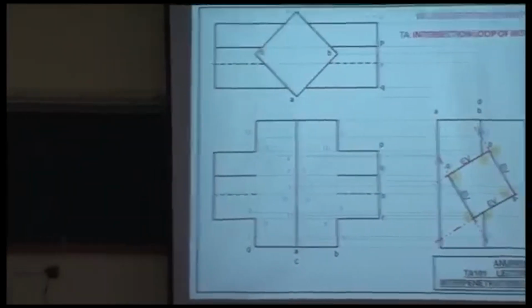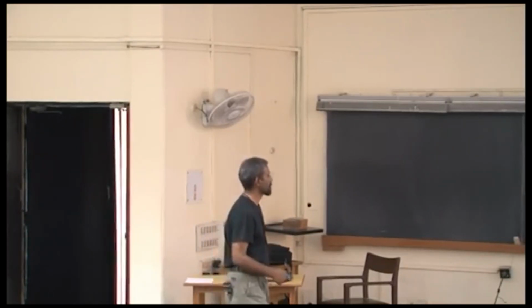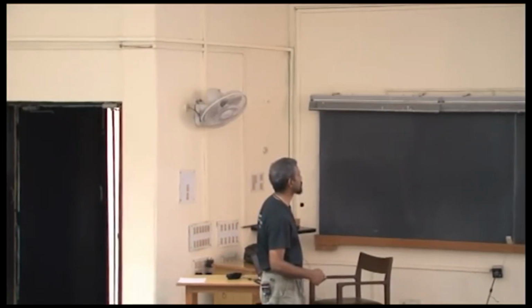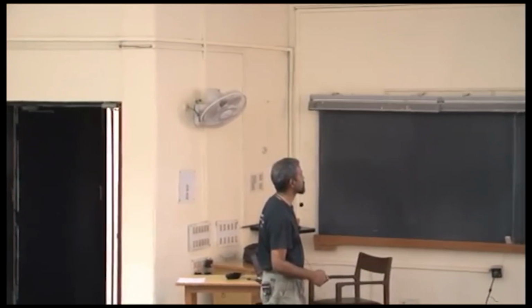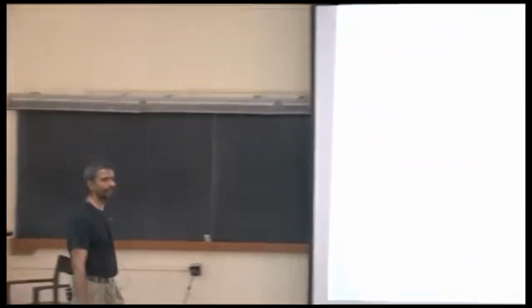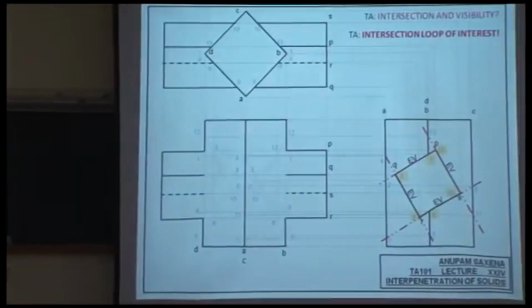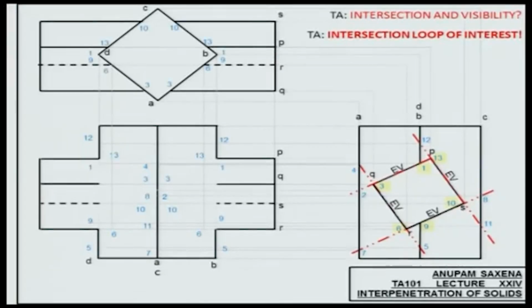Now 1 to 3, is that line going to be visible? Well, of course, you need to project these intersection points up. That is going to be a little tedious, but you should be able to do that. This would be an exercise for you. So line 1, 3, that's going to be visible. How about the next one, 3, 6?